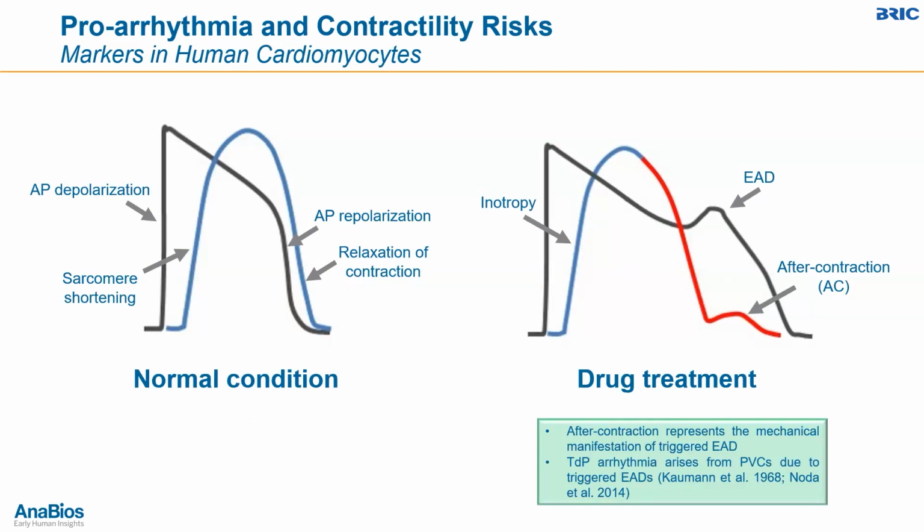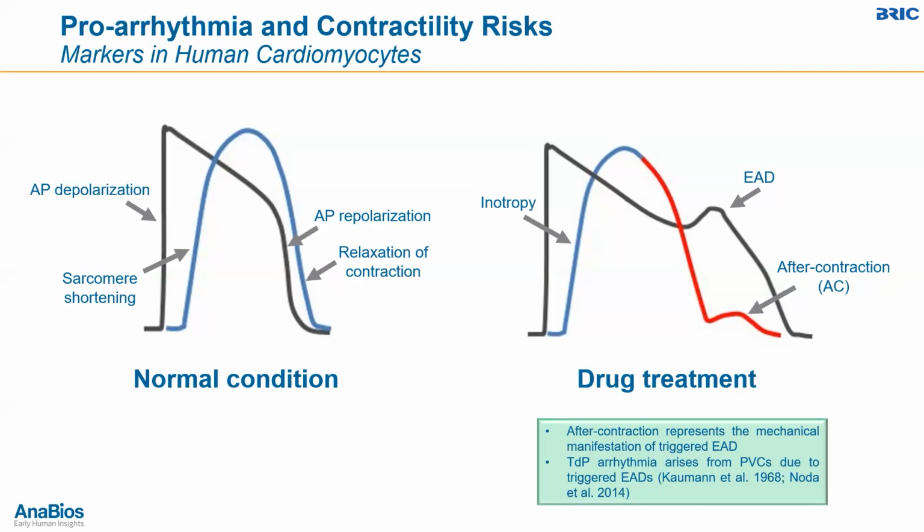There was a lot of clinical data showing that long QT syndrome and torsade de pointes proarrhythmia is both an electrical problem and a mechanical contractility problem when it comes to the heart. This tight relationship between ECG and the mechanical activity of the heart, we can see at the level of a single cardiomyocyte. This is the relationship between the action potential and the contractile machinery in the single myocyte.